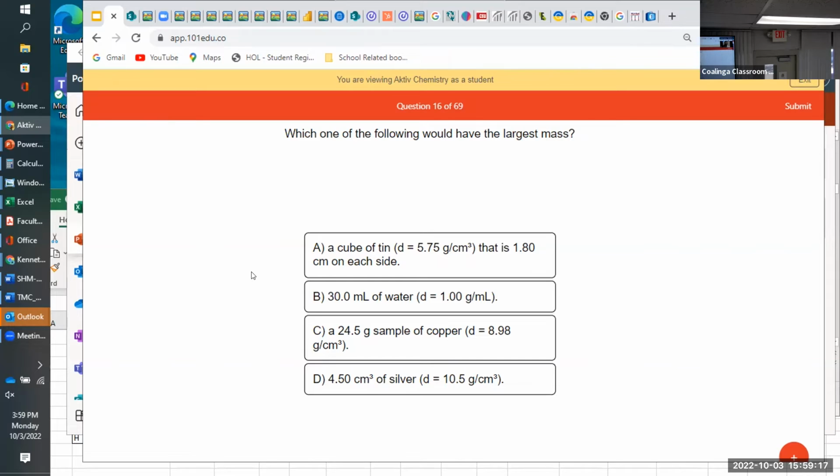Last one was the smallest answer, and this one is the largest. Let's think about it a little bit more.